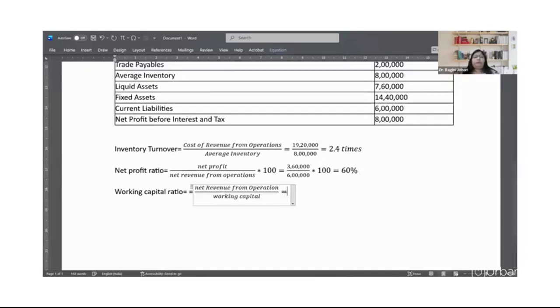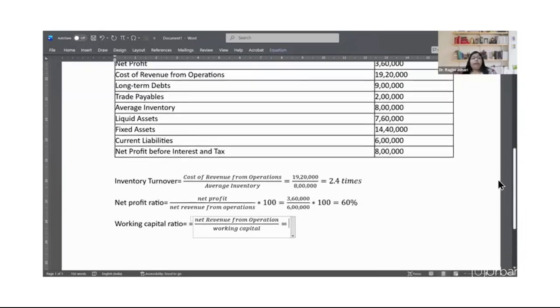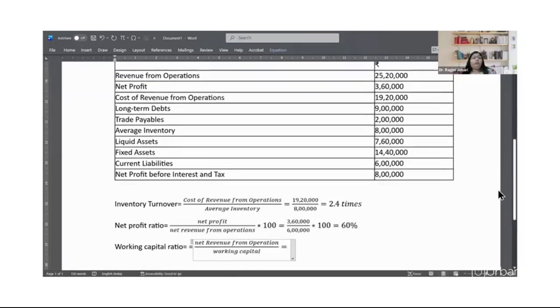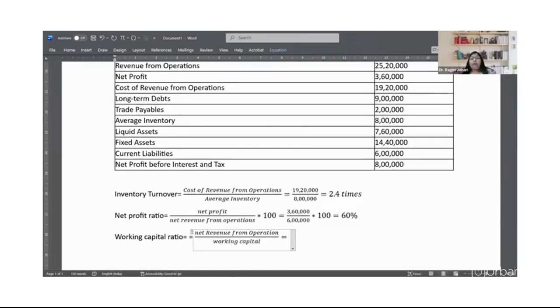Again, net revenue from operations we have already calculated, that is 6 lakh. And the working capital is what? How do we find out working capital over here? Working capital is current assets minus current liabilities.